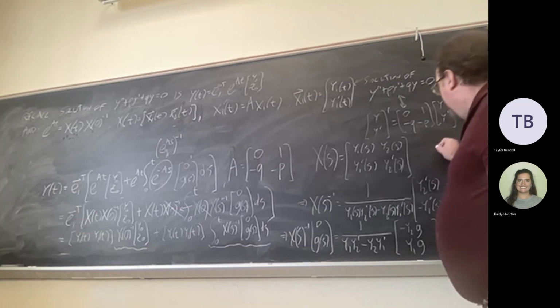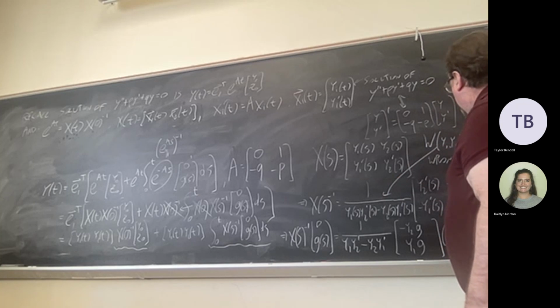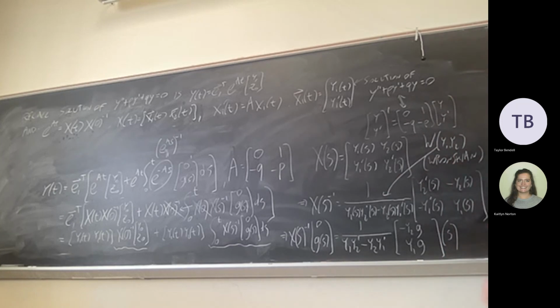Yeah. So that determinant is often written as W of y1 and y2. It is the Wronskian. And the key here is that you need to have two solutions such that the Wronskian is non-zero. That is what confirms that the solutions are linearly independent. Otherwise, x of s inverse would not exist.